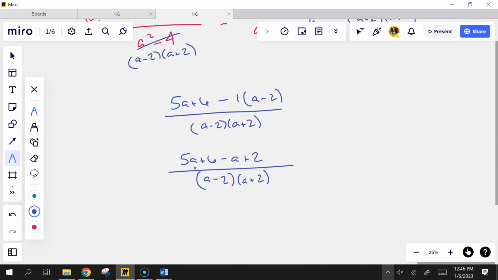No. Because everything up top must be nothing more than a multiplication problem, and right now I've got a lot of adding and subtracting. These two signs are not in parentheses. In order to cancel anything out, they're going to have to be inside a set of parentheses.